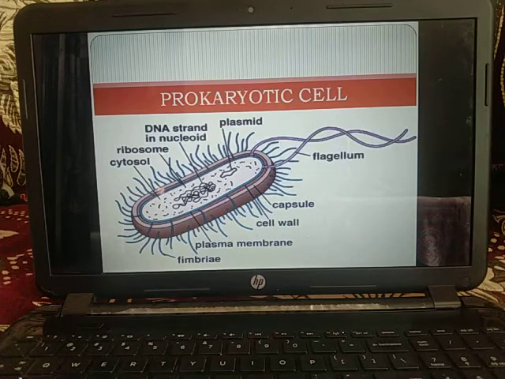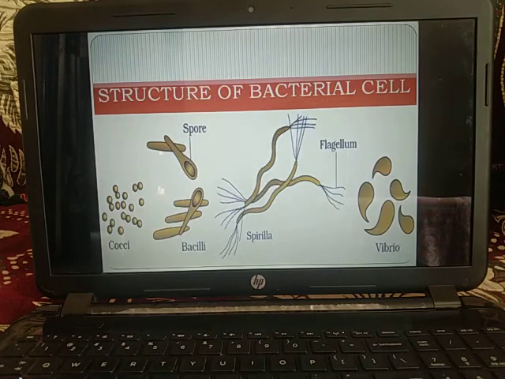In shape, bacterial cells are of many types. Mycelia form is found in the actinomycetes. So we can say these are the different structures of the bacteria. Coccus is berry-like. Coccus bacteria are spherical or ovoid in outline.